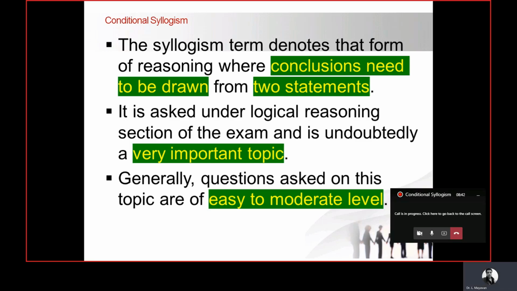The syllogism term denotes that form of reasoning whereby conclusions need to be drawn from two statements. It is asked under the logical reasoning section of the exams and is undoubtedly a very important topic. Generally, questions asked on this topic are of easy to moderate level as far as the examinations are concerned.